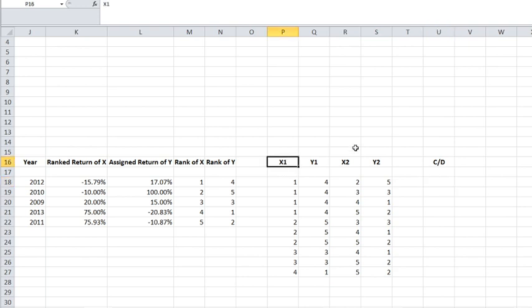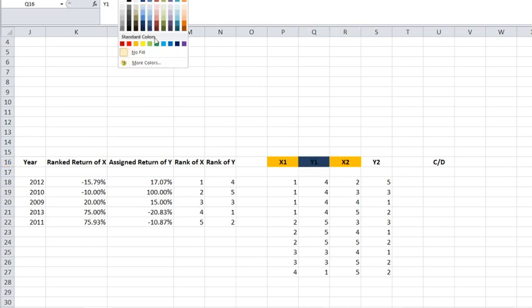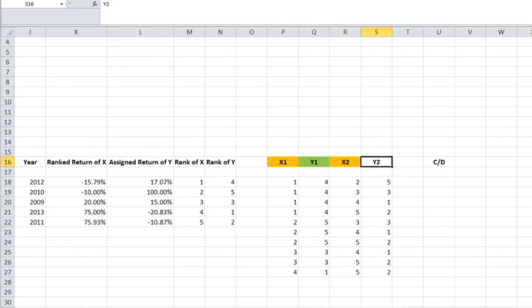So let me make it a little bit easier by color coding my variables x and y. To make it easier for myself, x is orange and y I will make green in color.